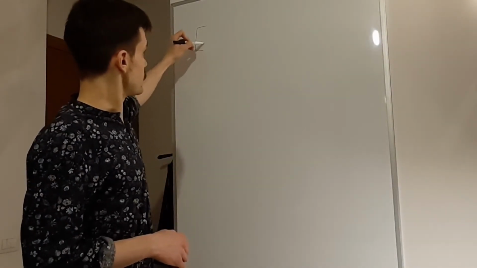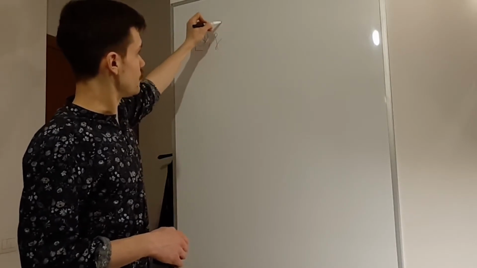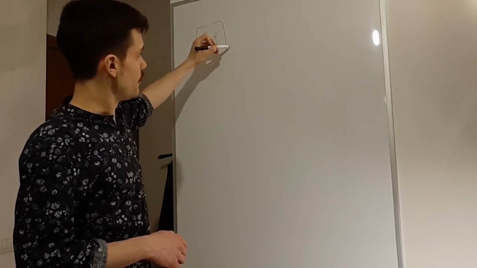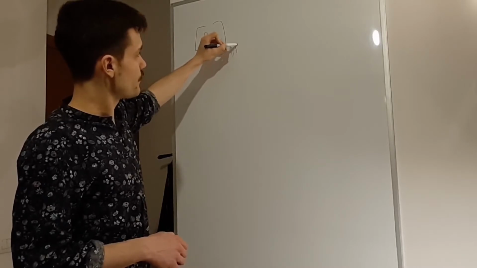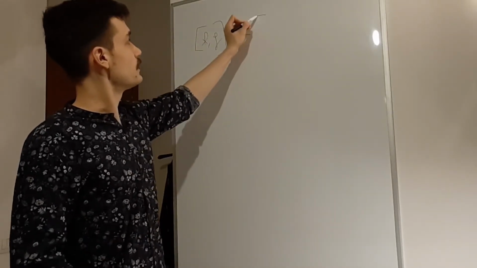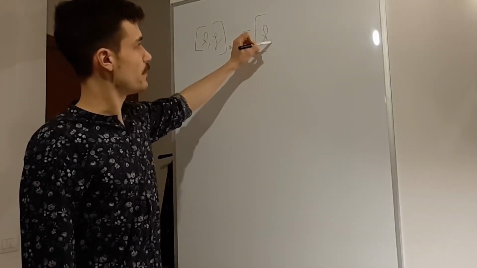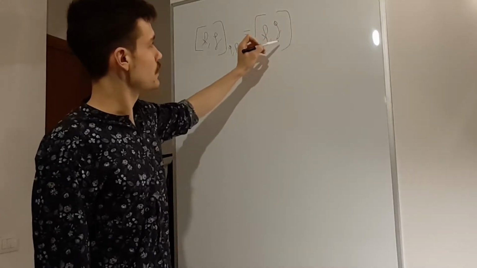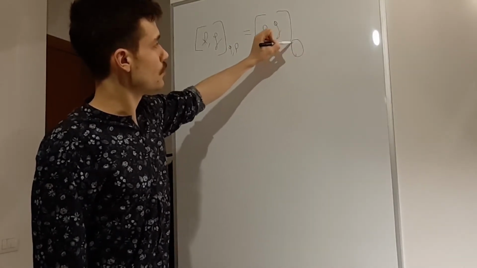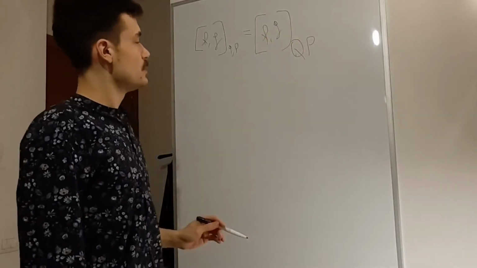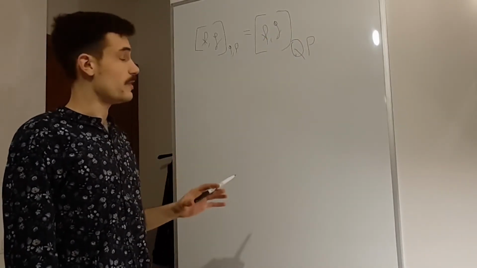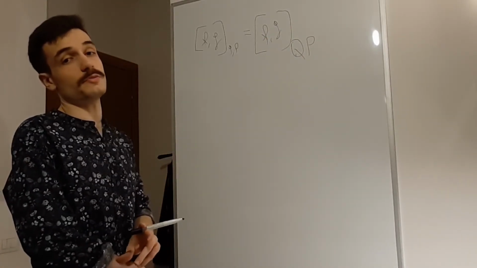Actually, these conditions can be written in a more concise way using the Poisson brackets. So, if I have a Poisson bracket between two functions in the old coordinate system, it must be equal to the Poisson bracket of the two functions in the new coordinate system. So the Poisson brackets are invariant under canonical transformations.